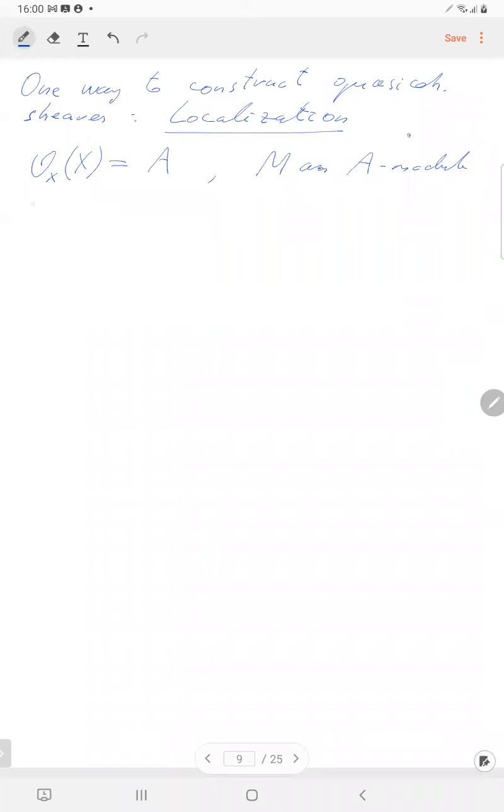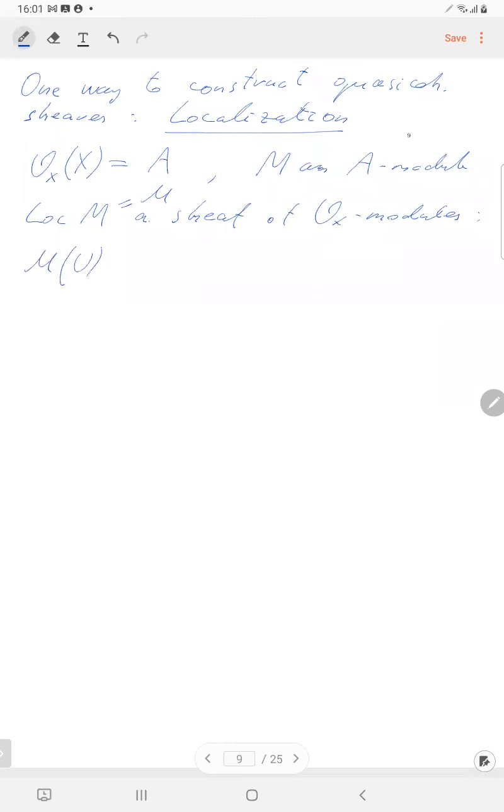Then you can consider its localization. It's a sheaf of O_X modules, and namely, maybe let me call it M script.